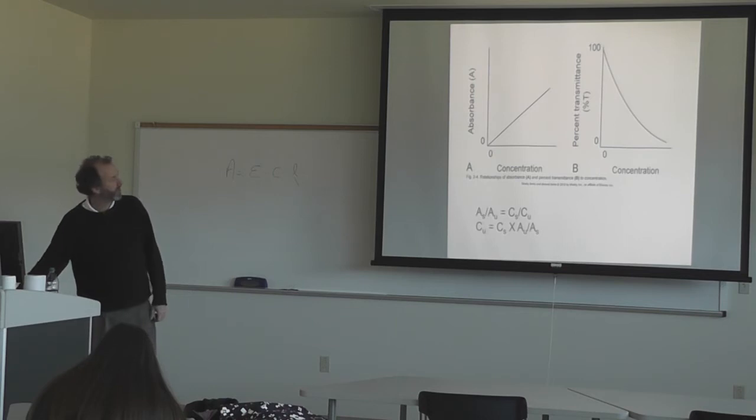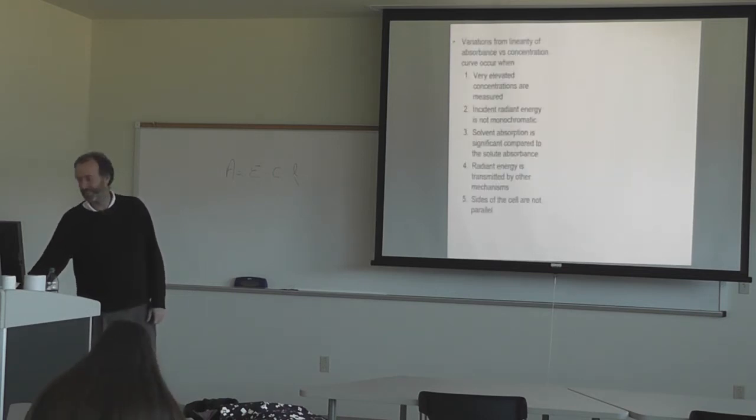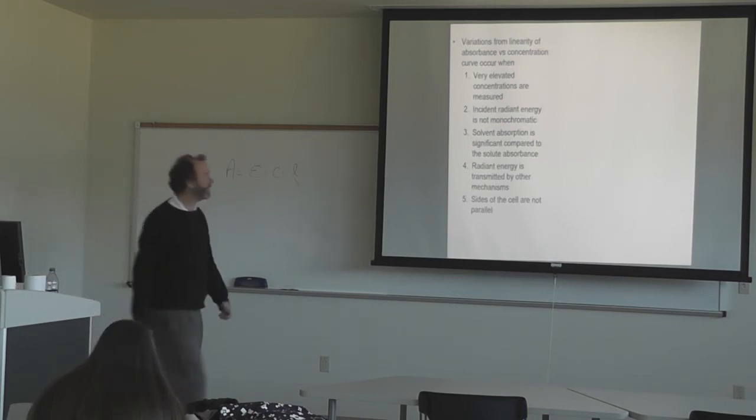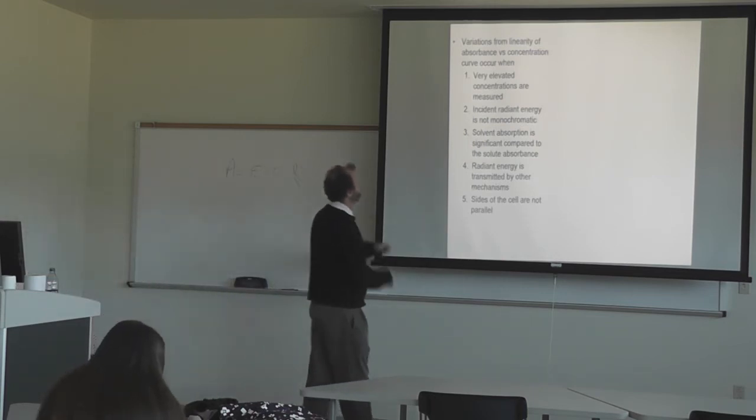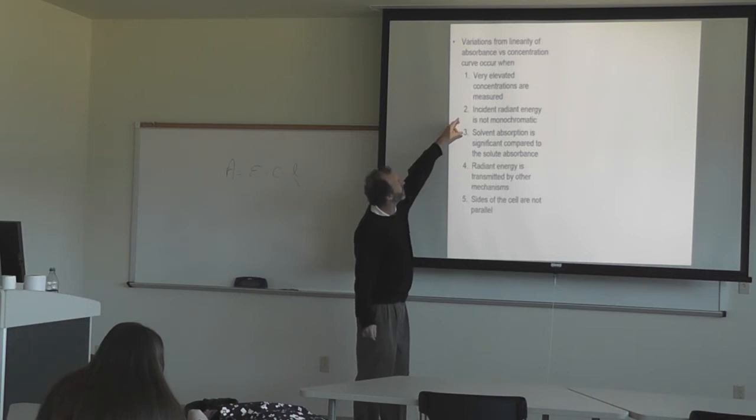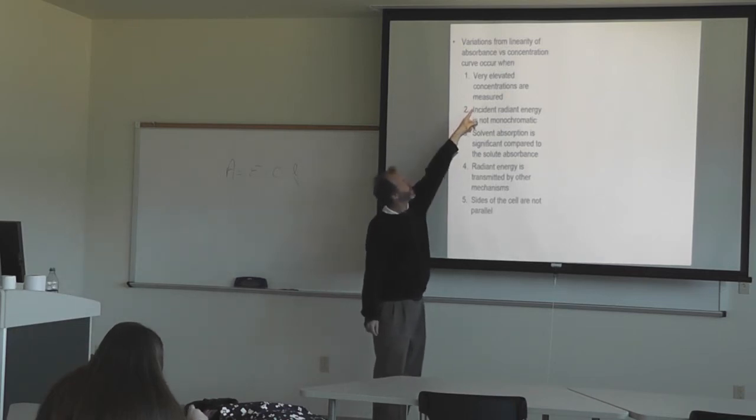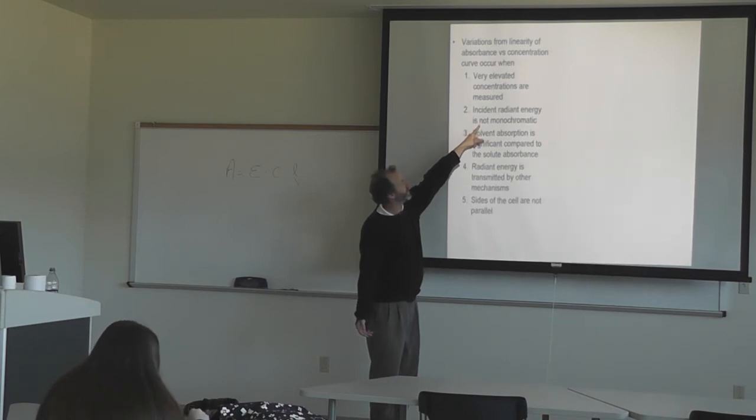Variations from linearity of the absorbance versus concentration curve are going to occur when very elevated concentrations are measured, or when the incident radiant energy is not monochromatic. What does that mean?